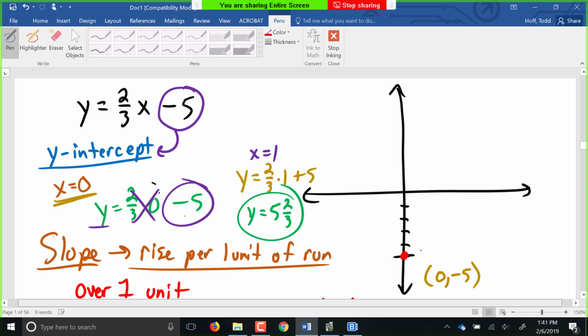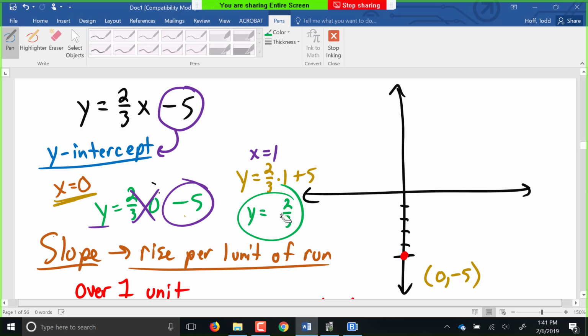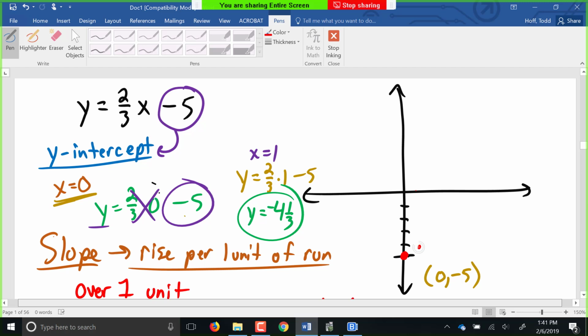Giving us the coordinate. Sorry, minus 5. That should be not 5 2/3, but negative 4 1/3, right? 2/3 minus 5. So that gives us the coordinate here of 1, negative 4 1/3, right there.